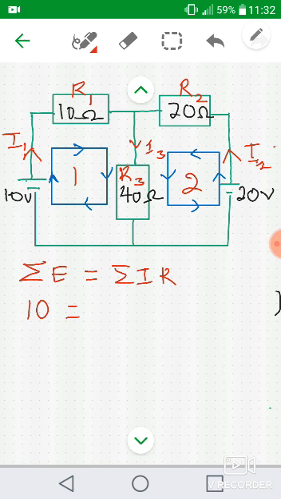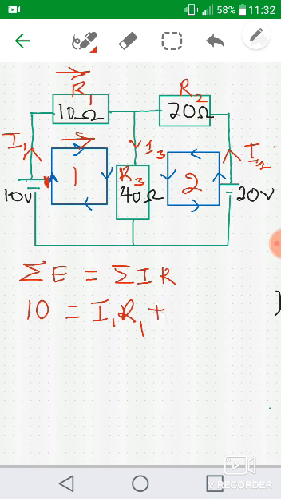Now 10 is positive because the direction of the EMF is the same as the direction of the loop at this point. Then current I1 is in this direction, and the loop is also in the same direction, meaning we shall have I1 R1. I1 is positive since it's in the same direction as the loop.